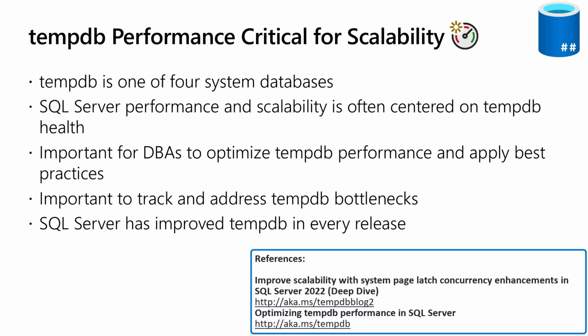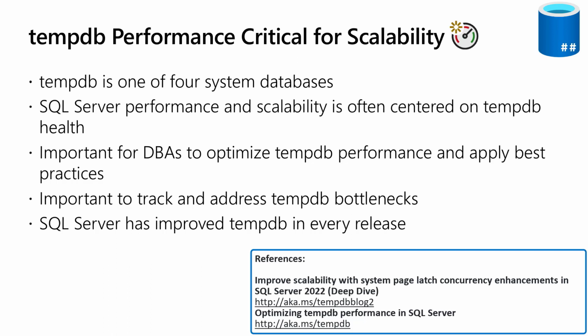We've had best practices on this going back many years to help improve TempDB performance: using multiple files, all with the same size, using trace flags for uniformity, and to help avoid allocation contention. I will have a link at the end of this session just to make sure we're all on target for the best practices.